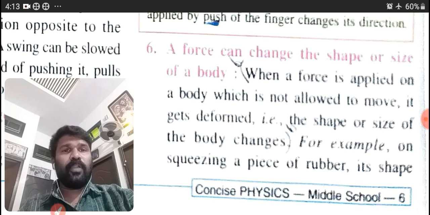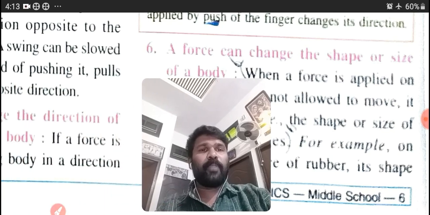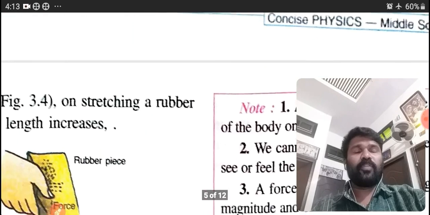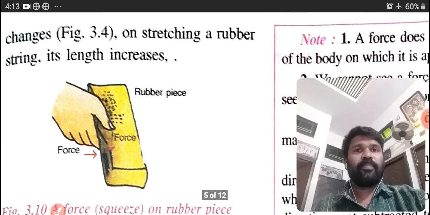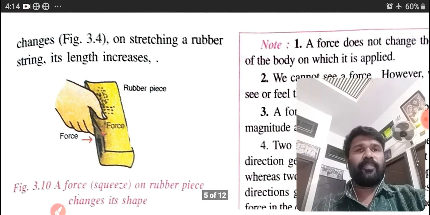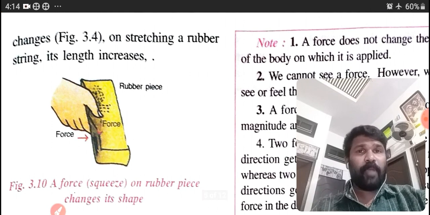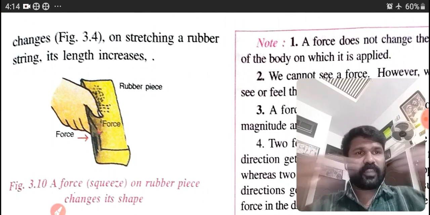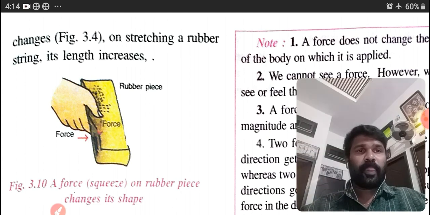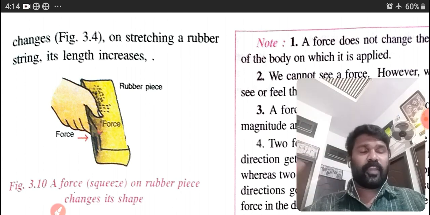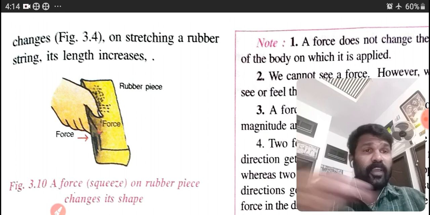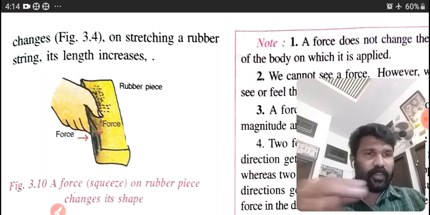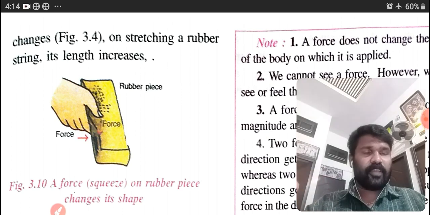For example, on squeezing a piece of rubber, its size changes. On stretching a rubber band or rubber string, its length increases. It is this much small, but on stretching it, its length increases.